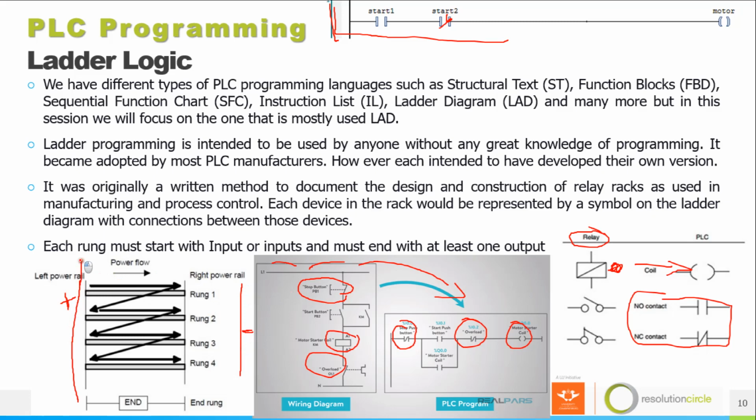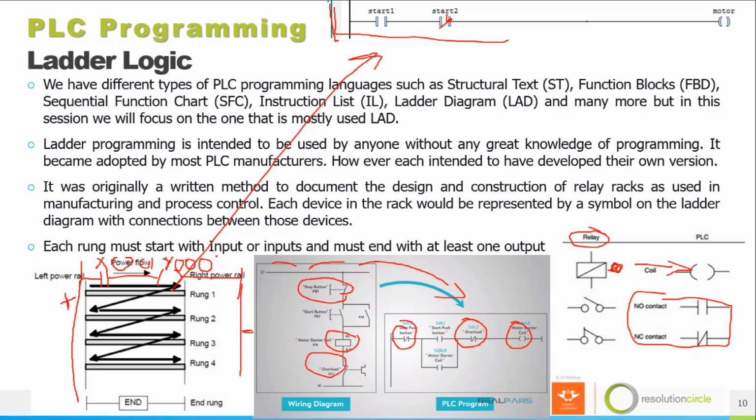Let's say you want to control a light, like the example on top, or this is for the motor. You will connect your input, then the coil of your light. Then this will be your output, which we represent as Y. Let me say Y000, and call this one X001.